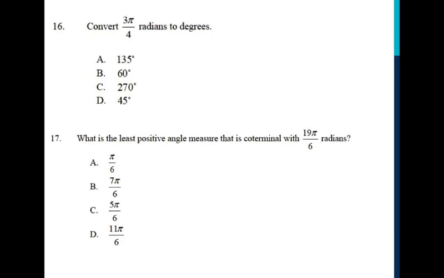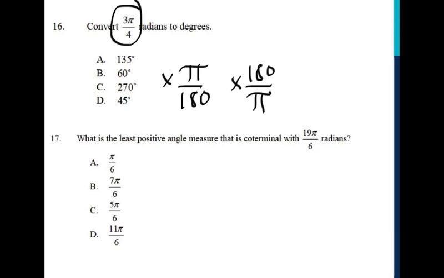All right, I got some converting. When you're converting radians to degrees or degrees to radians, you're always going either pi over 180 or 180 over pi. And you say, but Miss Klinger, how do I know which one? This just needs to cancel out. So 3 pi over 4, if I try doing pi over 180, I'm left with 3 pi squared.